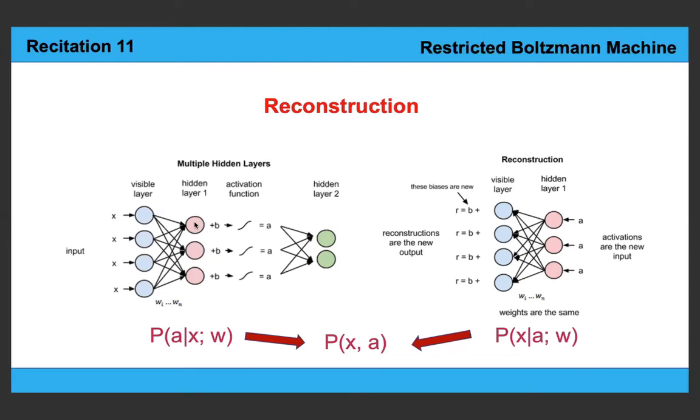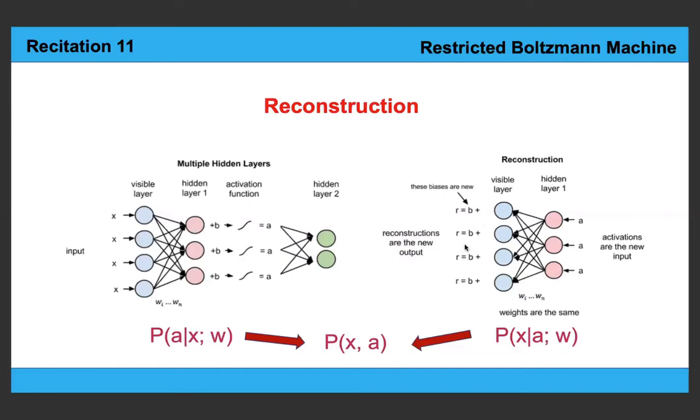The sum of those products, which is quite similar to the forward pass, would be added to a visible layer bias. And the output of those operations is a reconstruction of this pixel.